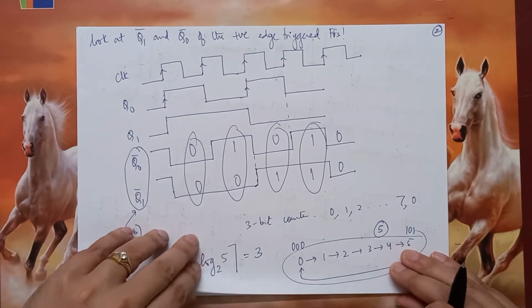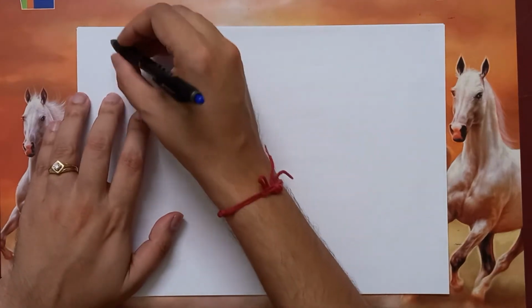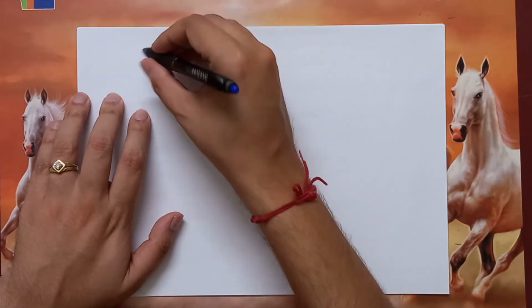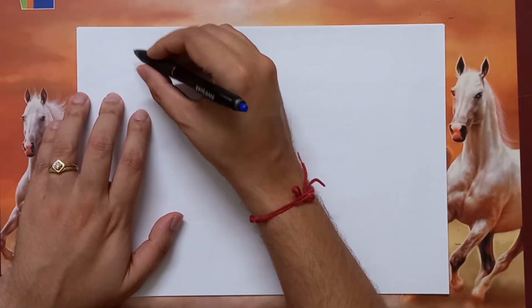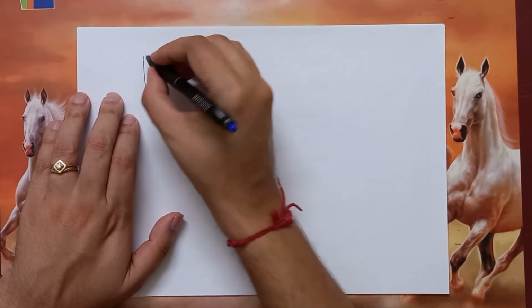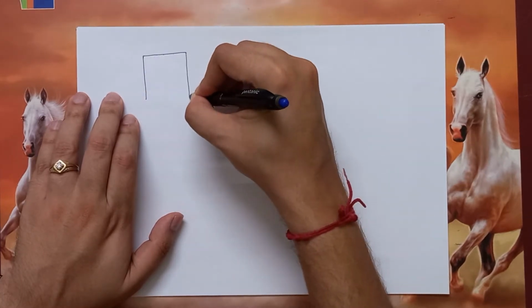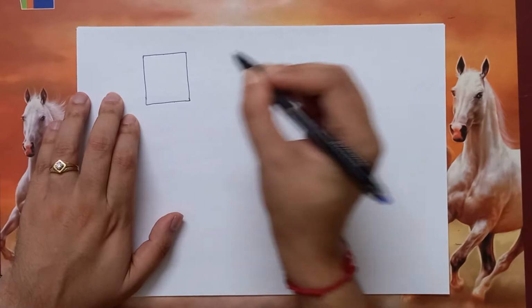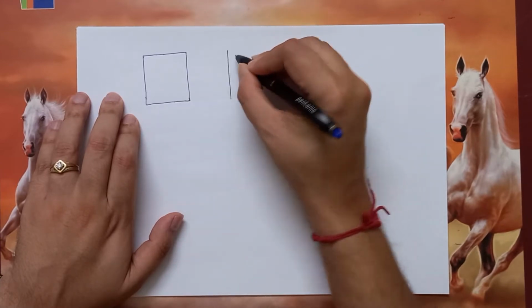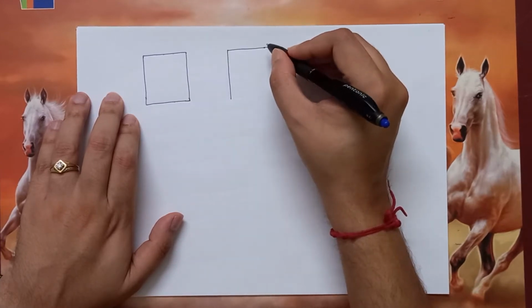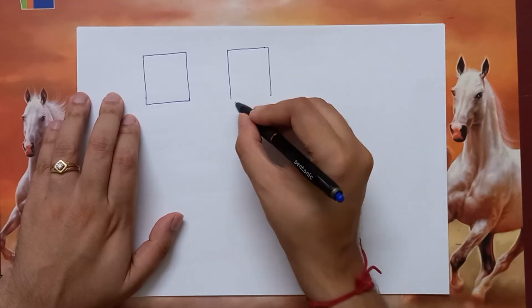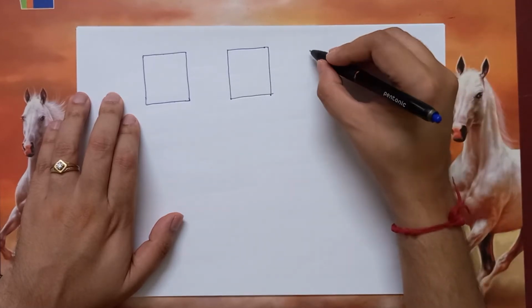So let us draw the circuit. Let us continue using negative edge trigger flip-flops and see how it works. What we are now trying to achieve is a mod 6 counter, because a mod 6 counter counts from 0 to 5.